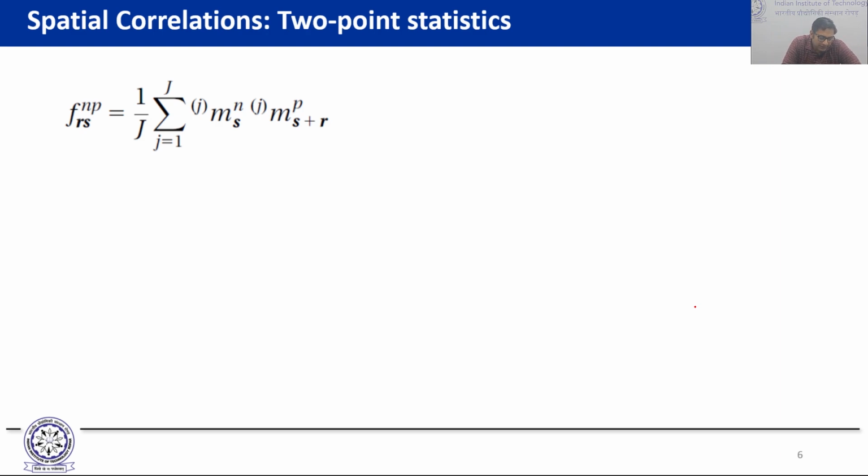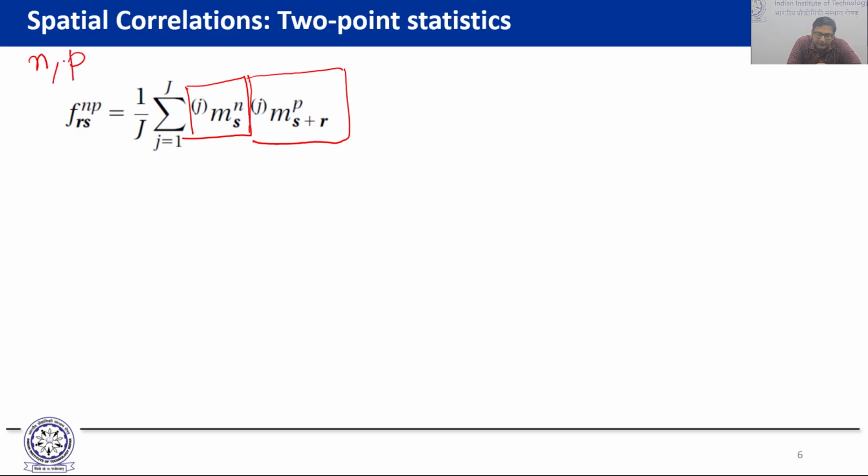So this is very similar to the 1-point spatial correlation function, except that we now have a second term. So earlier we were simply talking about summing over J, M and S. Now what we are doing is taking a product of J, M and S with J, M, P, S plus R. So here I am trying to look at the 2-point spatial correlation between 2 different phases or 2 different local states.